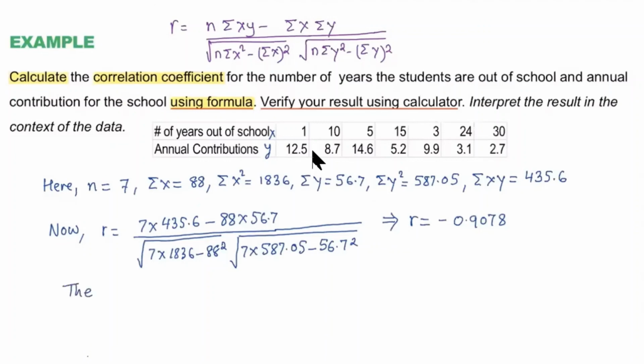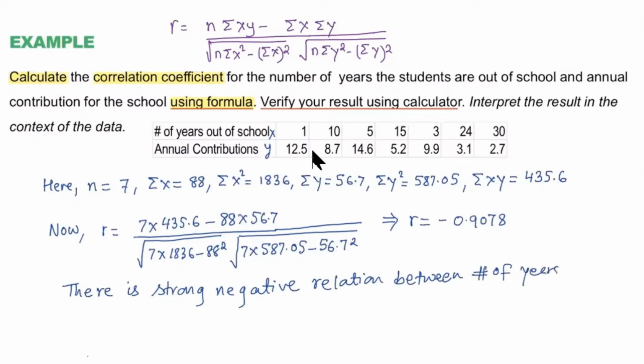Let me write here. You can also copy. There is strong negative relation between number of years the students are out of school and their annual contribution.